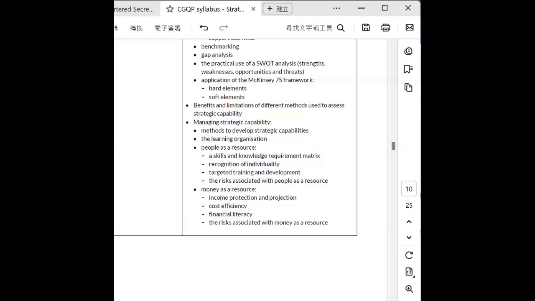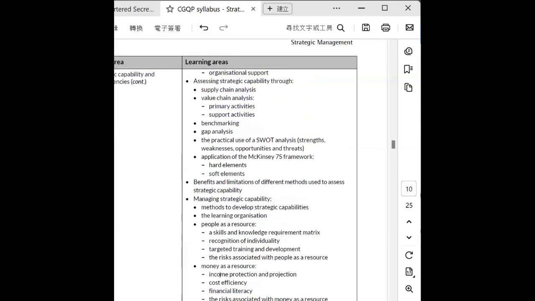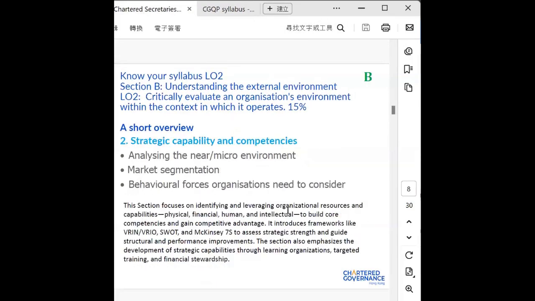Now, when we look at the strategic capability, we are referring to the company's ability to deploy resources effectively so as to achieve long-term objectives. So it includes things like tangible assets, intangible assets.